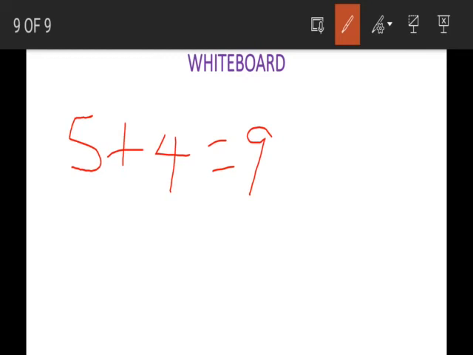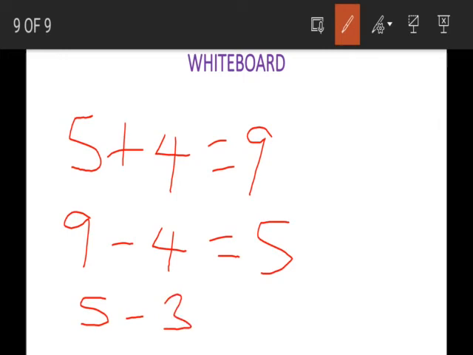Then 9 minus the number inside the rectangle, which is 4. 9 minus 4 gives us 5. Then 5 minus the number at the top right hand of the rectangle, which is 3. And 5 minus 3 gives us 2. That is how the 2 was gotten.